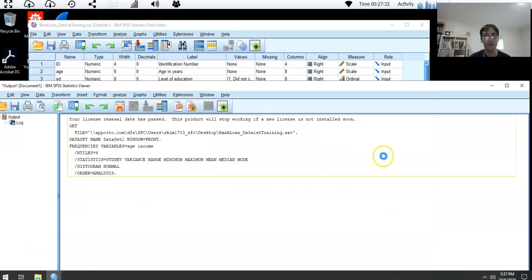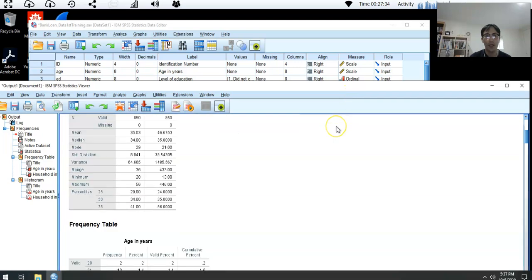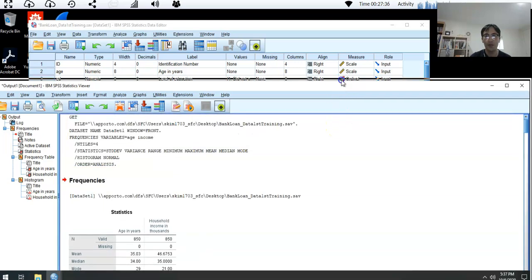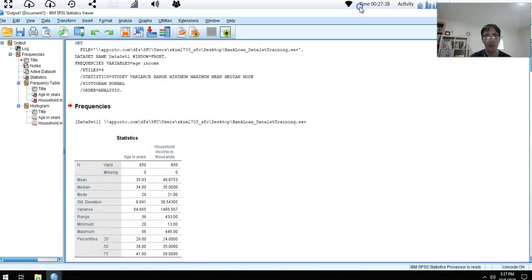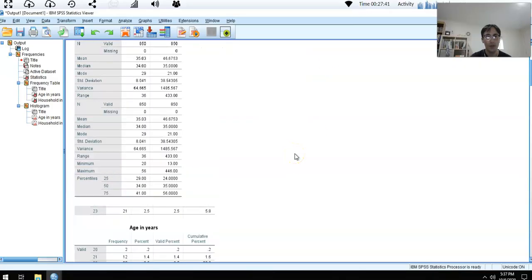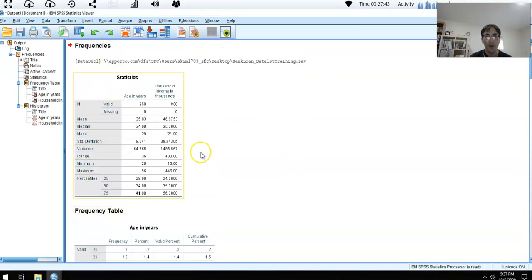Look at this. Now you see two variables. Here is a summary of statistical measures like mean, median, mode, standard deviation, and variance. Don't forget these standard deviation and variance are the sample standard deviation and sample variance.